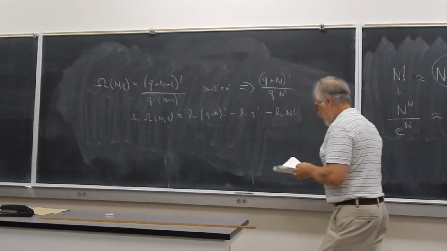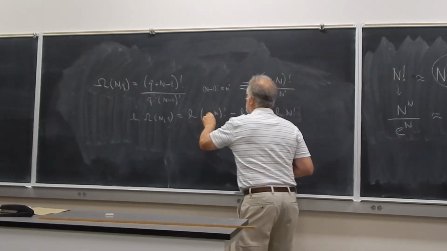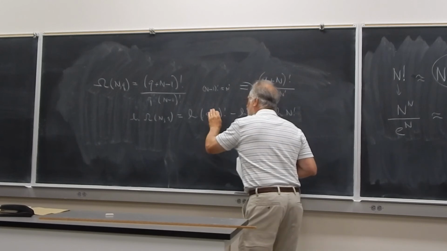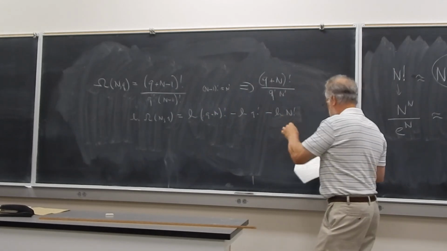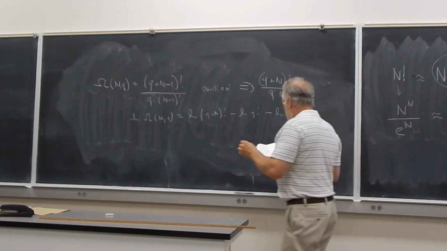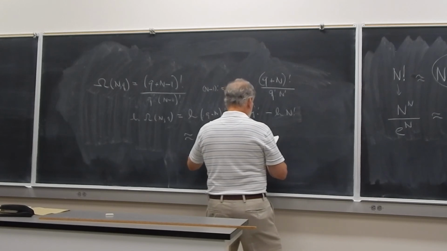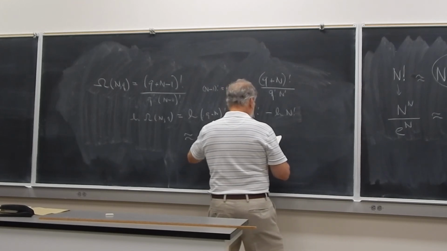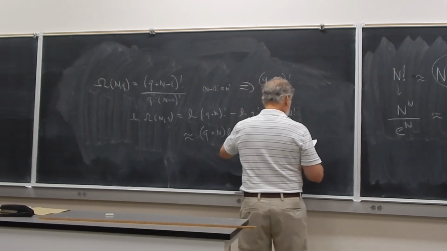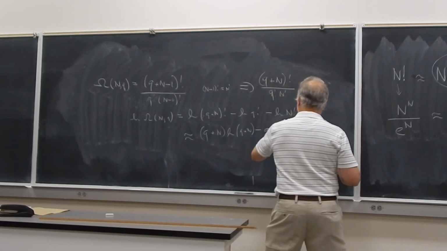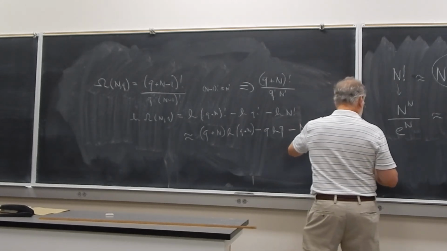Invoke Stirling's approximation, where I write the log of this as this log of this minus this, and for these expressions as well, I'm going to end up with an approximate value of q plus n times the log of q plus n minus q log q minus n log n.